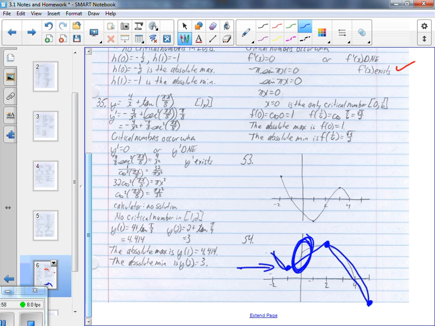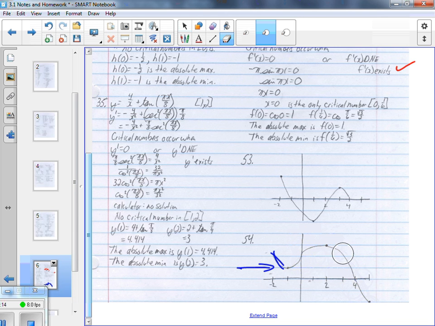I have a critical number there, but no extreme. Critical number there. So either the derivative equals 0 or the derivative does not exist. If the derivative equals 0, that's a horizontal tangent line. If the derivative does not exist, what kind of a line has a slope that does not exist?